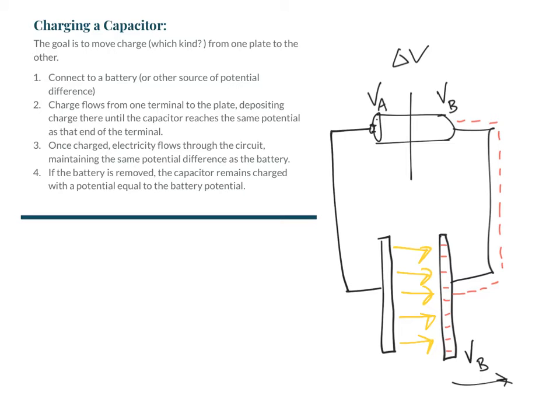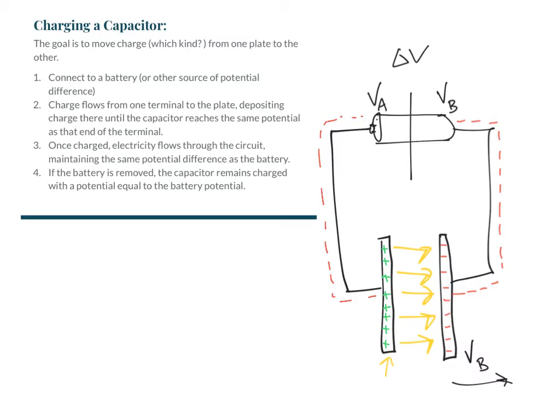So all of the electrons on this other plate over here are going to be repelled by the other plate, which is negative, and they'll go against those field lines because electrons go backwards from the field vectors. So the electrons are going to abandon this plate and flow around to the other side. And as they abandon that plate, this plate is going to become more net positive until things are equal.